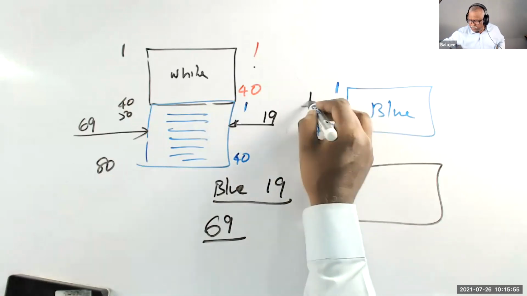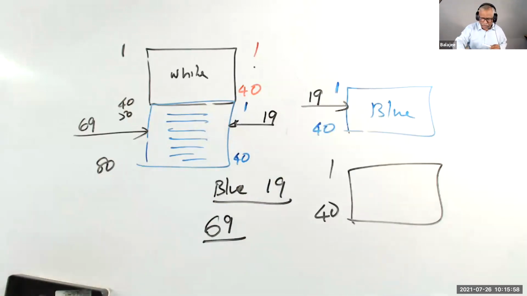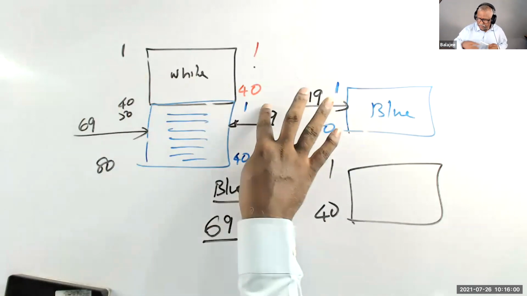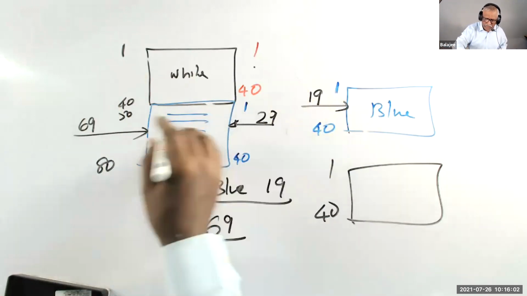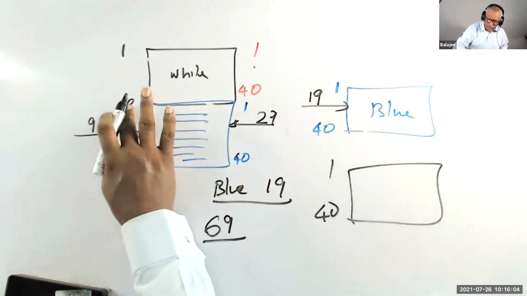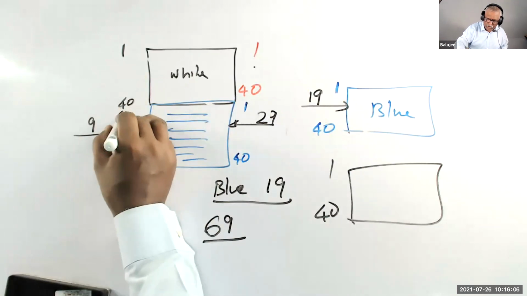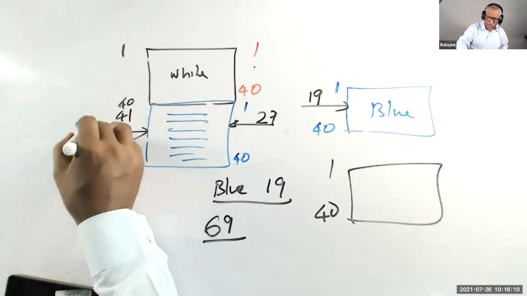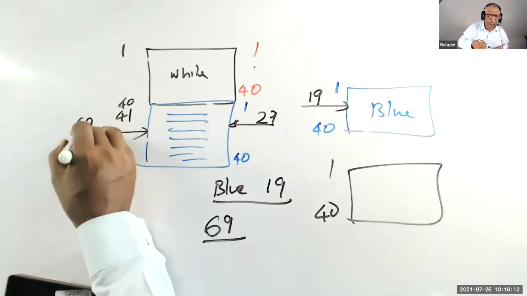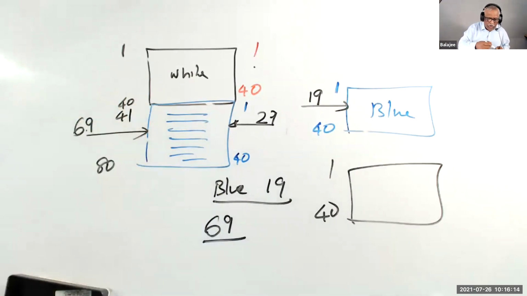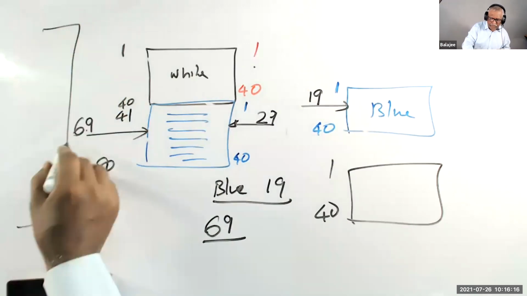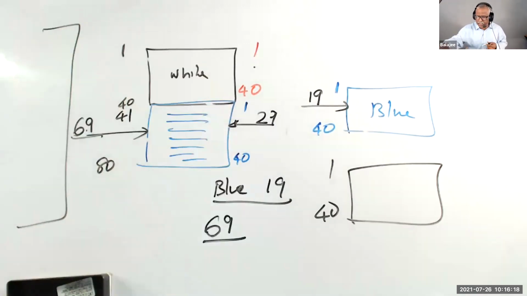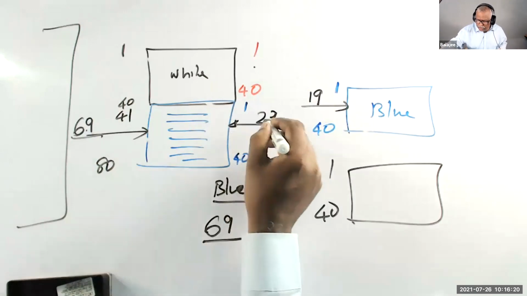Sorry, it is the 29th page. It's a mistake. 69 minus 40 is 29. So for you, this is 69 because it's combined, but individually, that is blue 29.